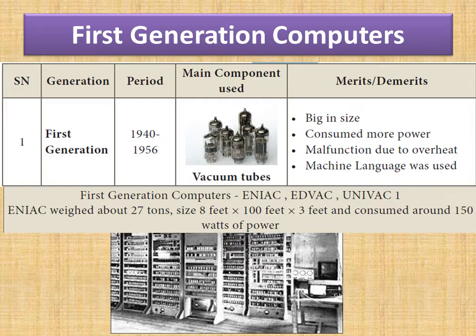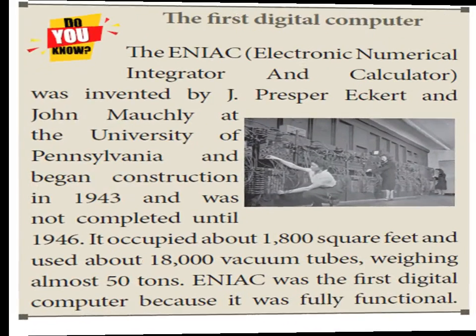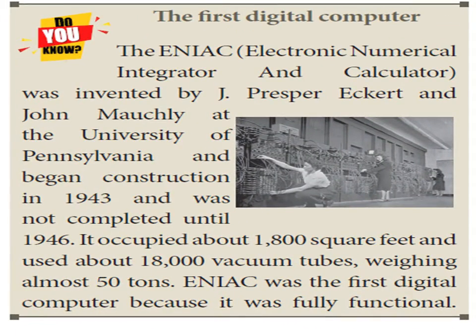You know, children, normal houses in our place are around 1200 or 1300 square feet, the whole house. So you can imagine it occupied 1800 square feet and used about 18,000 vacuum tubes, weighing almost 50 tons.